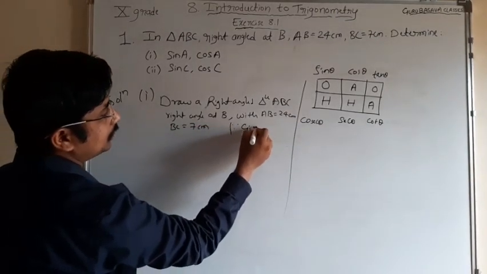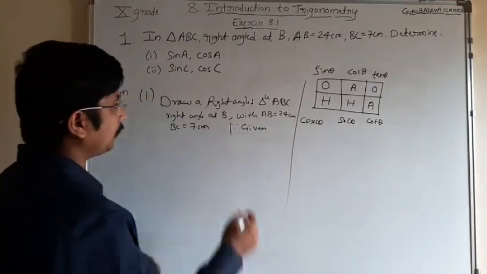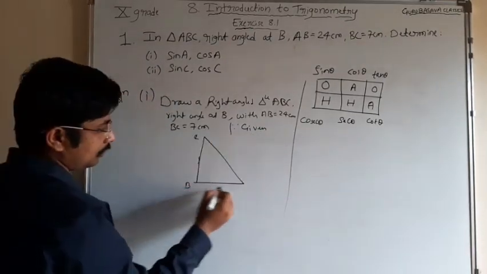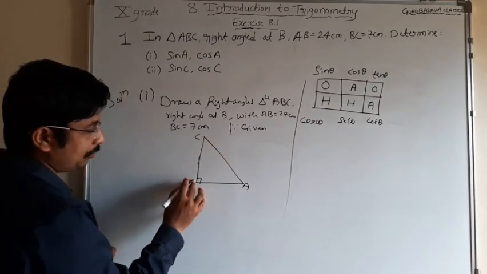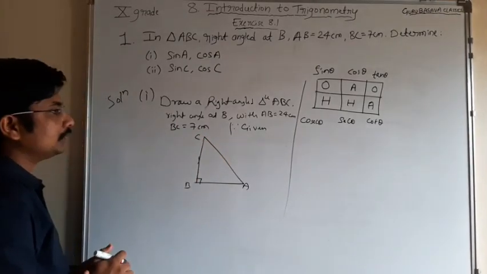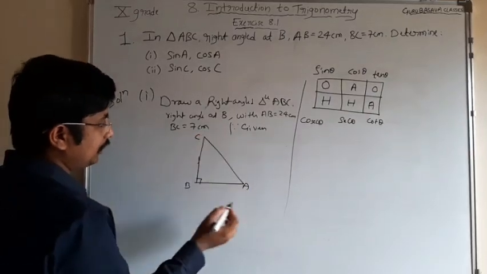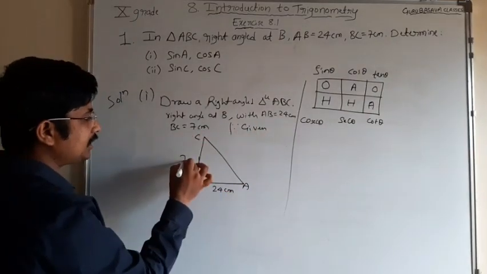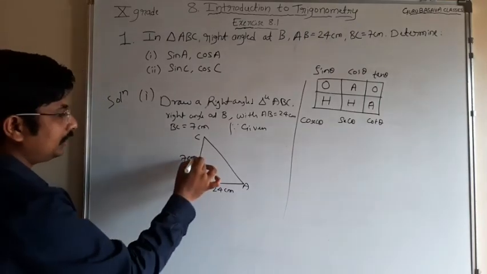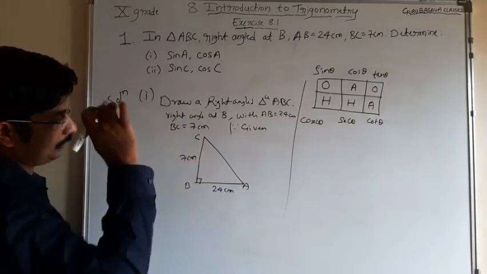Why? Because it is given. With the given things, AB is 24 centimeter and BC is 7 centimeter.